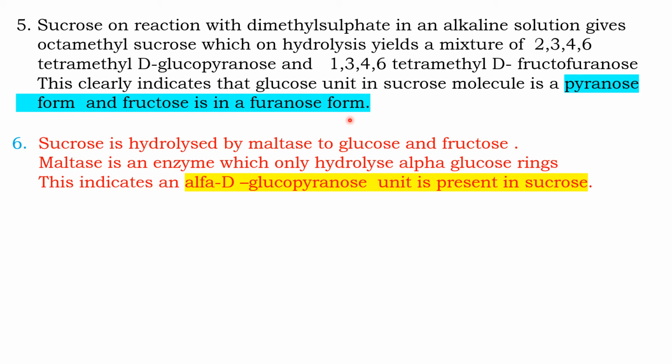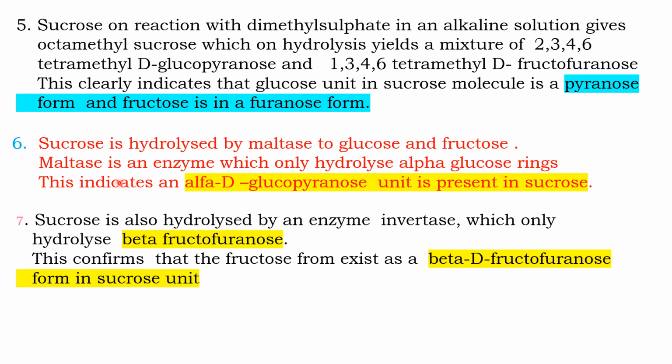Pyranose of glucose is a 6-membered ring, while furanose of fructose is a 5-membered ring. So sucrose consists of a 6-membered glucose molecule and a 5-membered fructose molecule. Now we have to confirm whether it is the alpha or beta form of glucose and fructose.